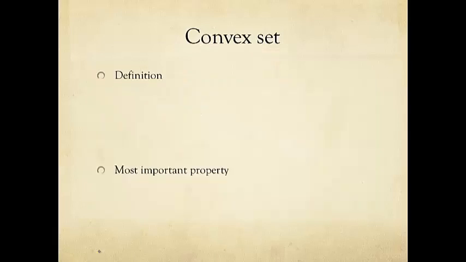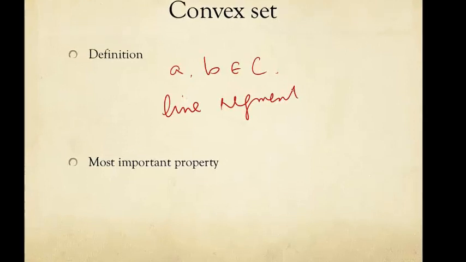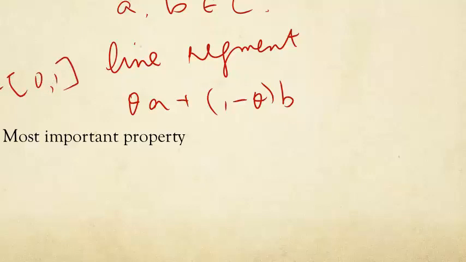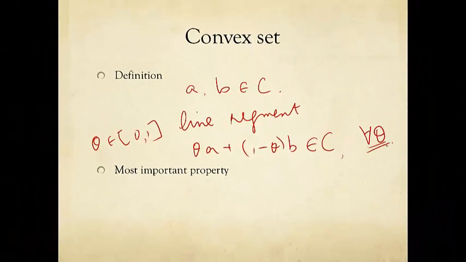So generally speaking, we say a set C is convex if we pick any 2 points A and B in C, then the entire line segment between A and B, which can be represented as theta A plus 1 minus theta times B, for some theta between 0 and 1, also lies in C. For example, when theta is half, then it is the midpoint between A and B. For all such theta, that's the key word, not for some theta, but for all theta.